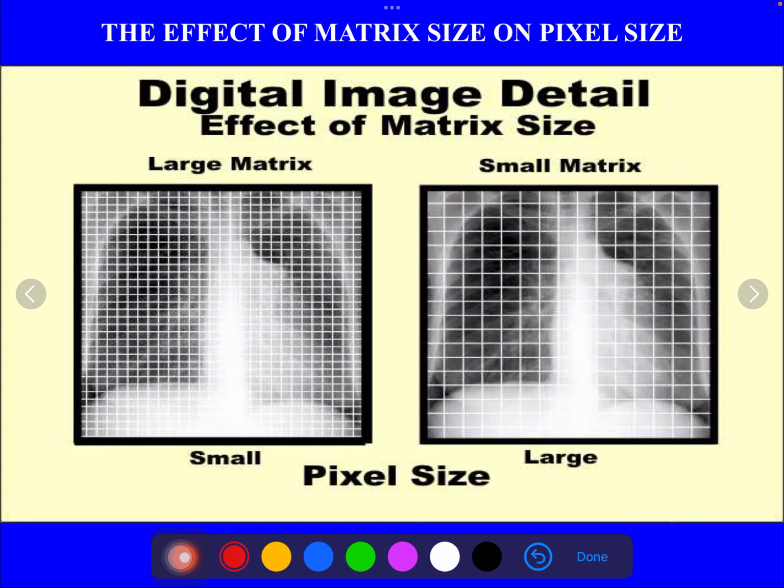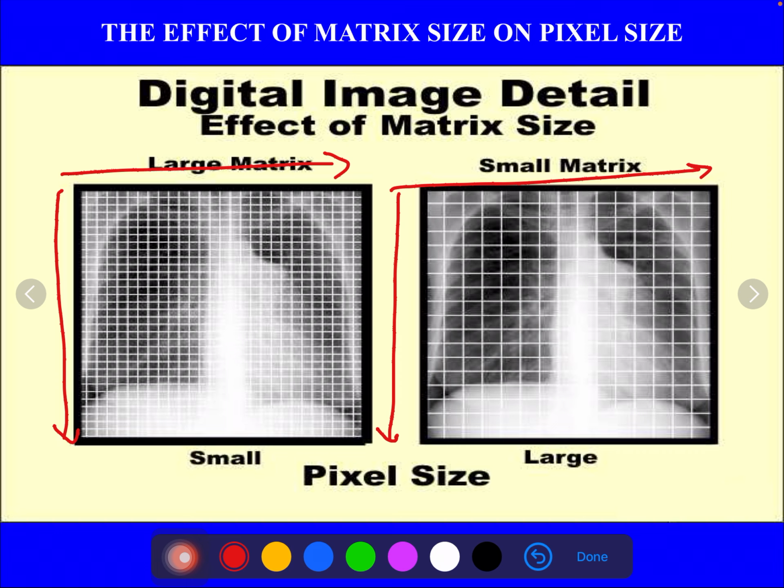right? So for the same physical image size, this size will be the same, right? Rows into columns, this is also the same, right? Increasing the matrix size reduces the pixel size.